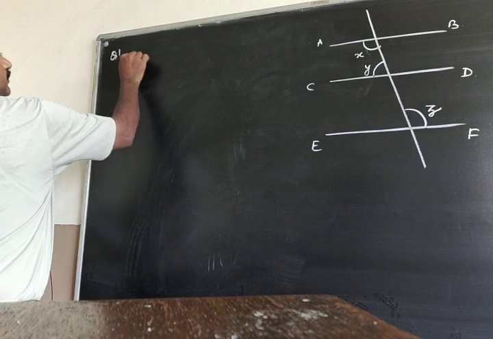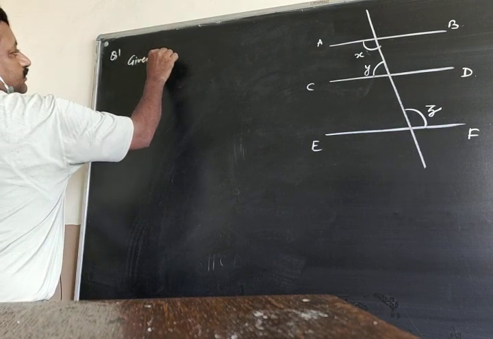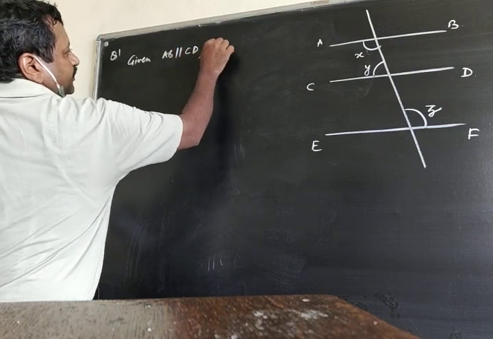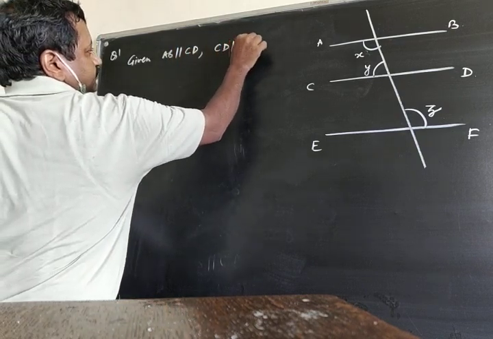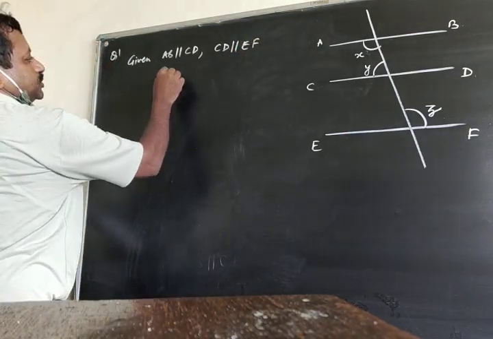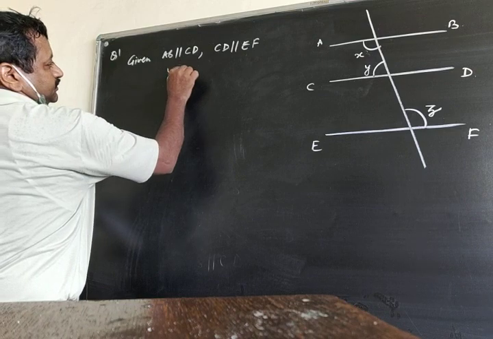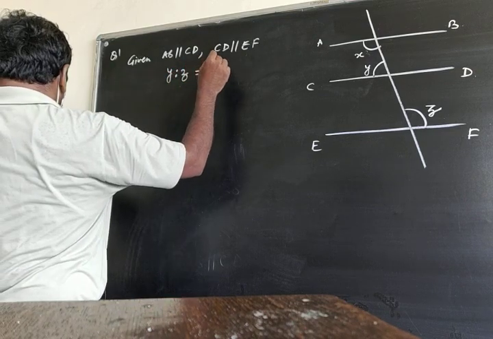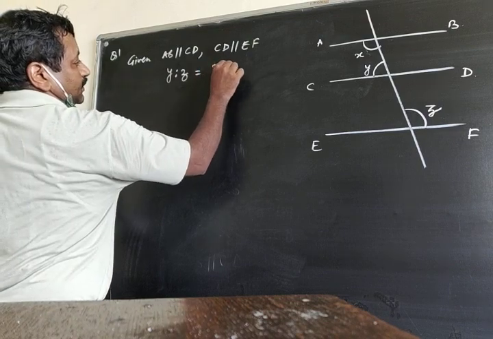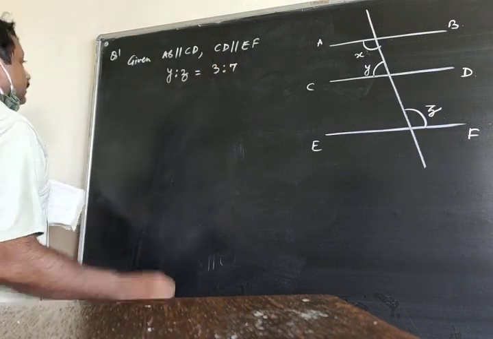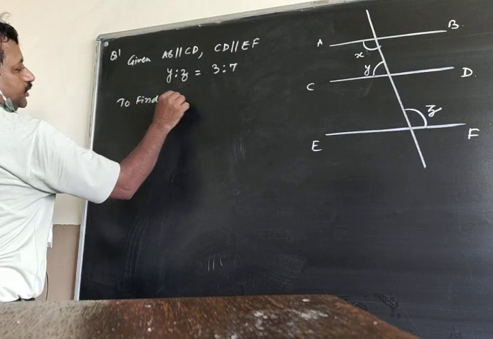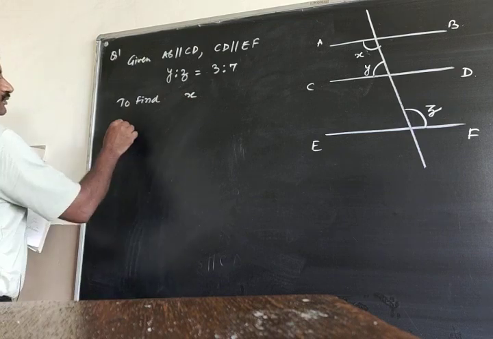So given: AB parallel to CD, CD parallel to EF, y ratio z equal to 3:7. To find: the value of x.